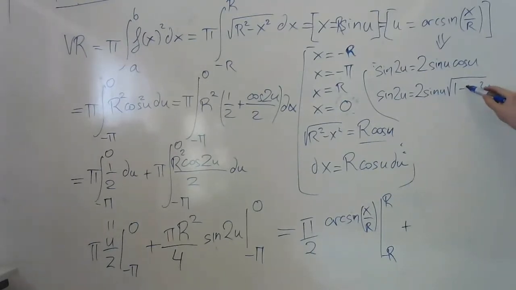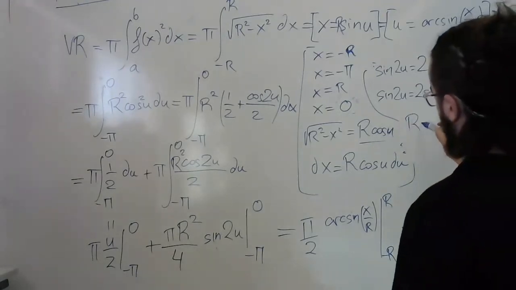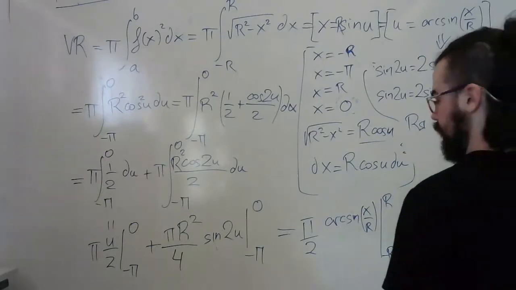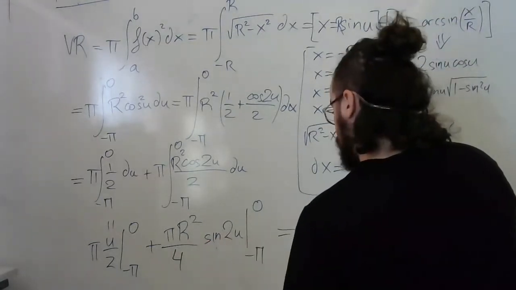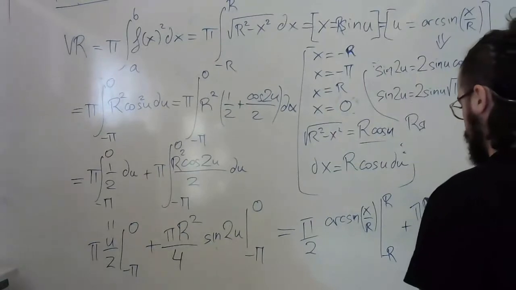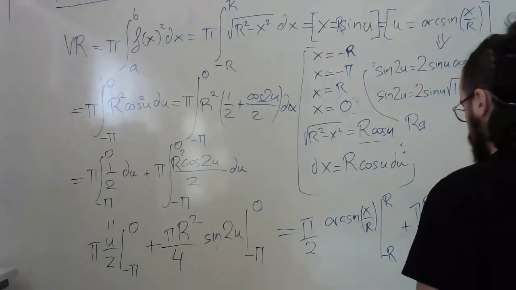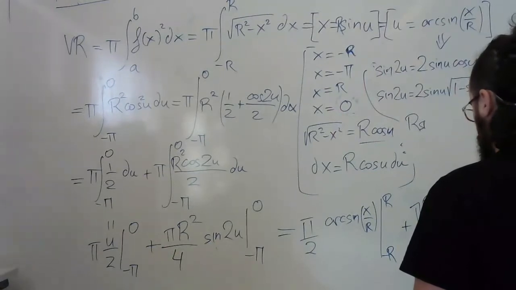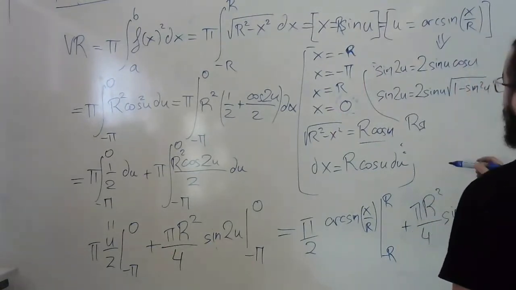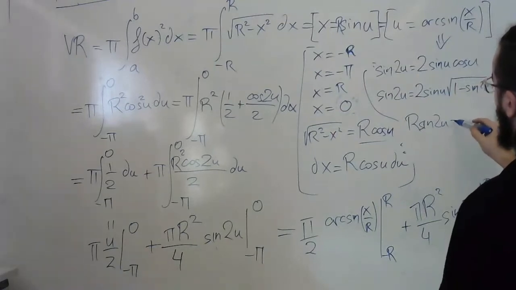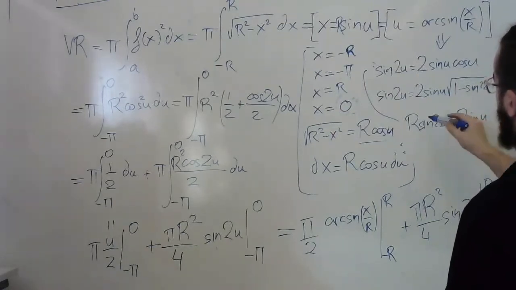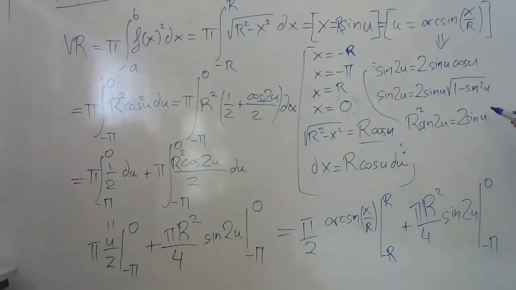This is sine square. If you multiply everything by r squared, we have 2r sine u, and in the square root, so close.